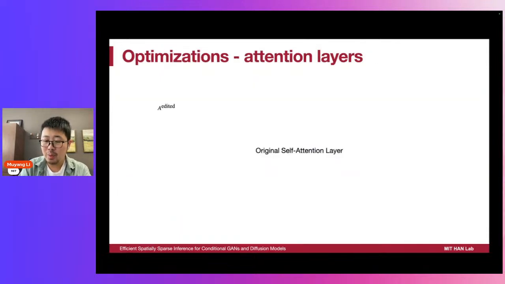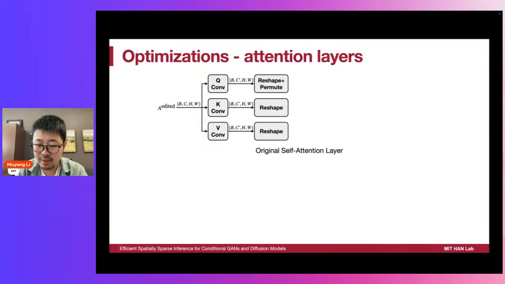Besides convolution, we also optimize the attention layers, which are also very computationally expensive in diffusion models. Here's a standard attention pipeline. You have the edited activations, and you first pass them into the QKV-conv and get the queries, keys and values. C prime here means the hidden dimension.